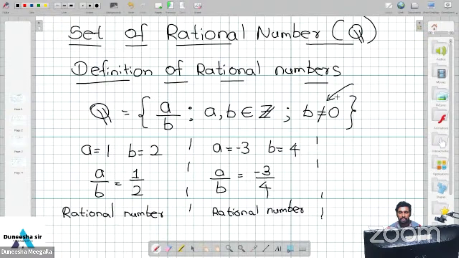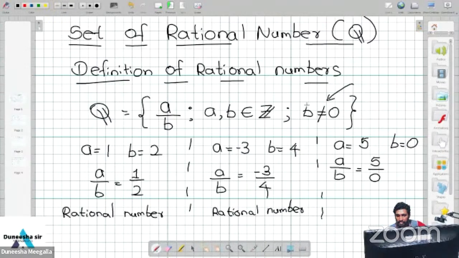Look, in this, B is what? B not equal to 0. Then if I take another example, A is 5 and B is 0. Then A divided by B, 5 divided by 0. Is it a rational number?